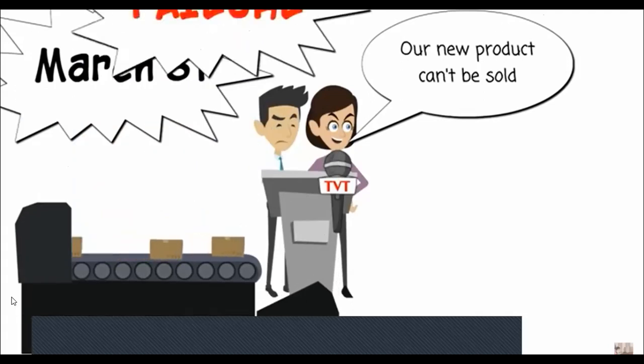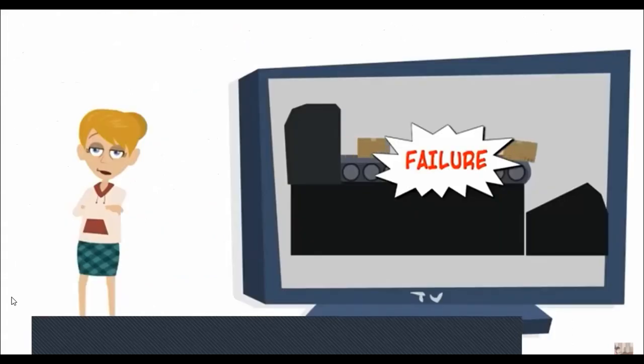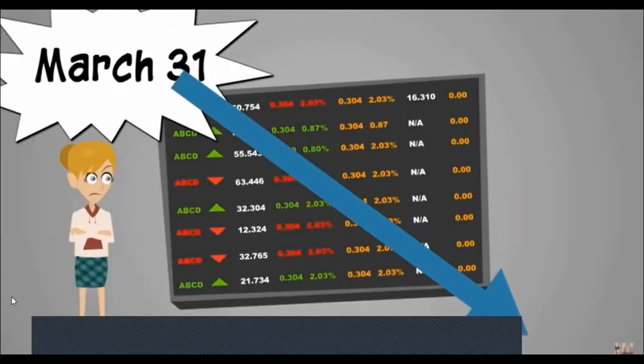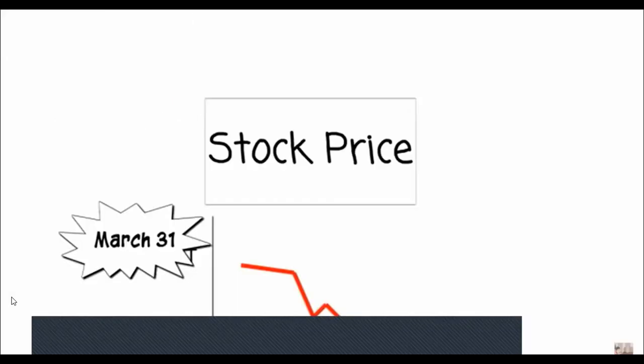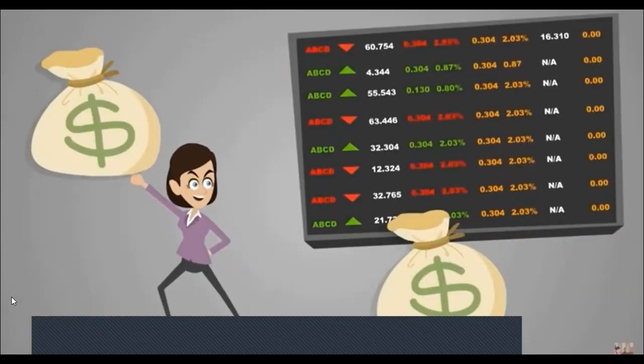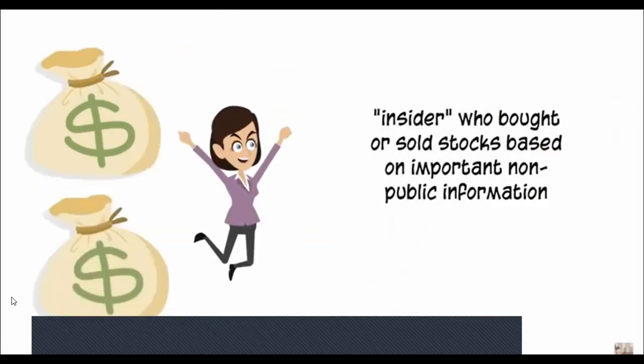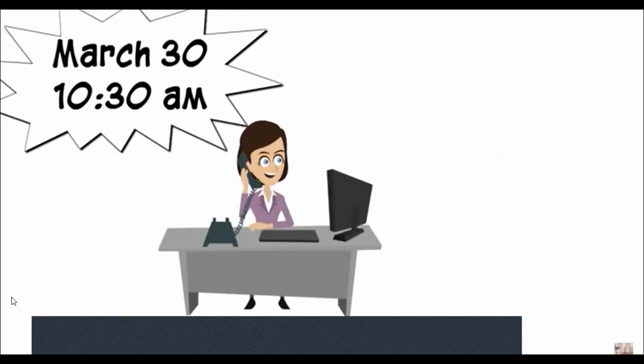On March 31st, the company reports that its new product cannot be sold. Everyone now knows the company's new product is a failure. Now the market is aware of this important bad news. As expected, the company's stock price falls. But the CEO knew the stock price would fall, and she makes a lot of money off it. The CEO committed illegal insider trading because she traded stocks based on important non-public information.